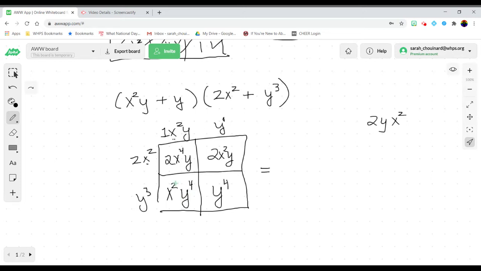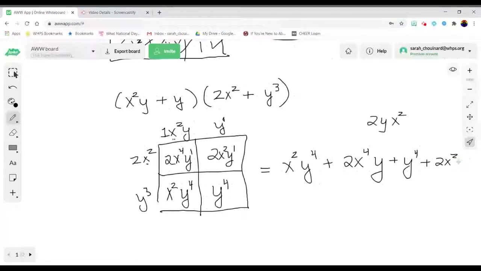This term is degree 6 because 2 plus 4 is 6. Then I'm going to do this one because this is 4 plus 1, which is 5. This is degree 4, so that's going to go next. Then this is degree 2 plus 1 is 3, so that's going to go last.